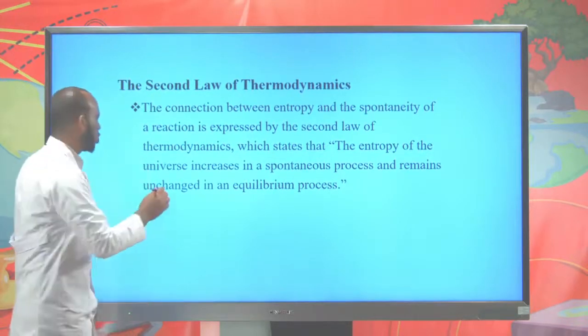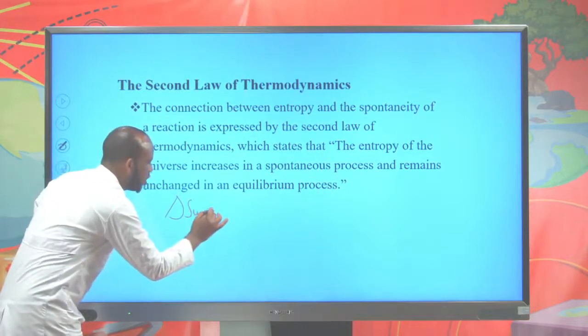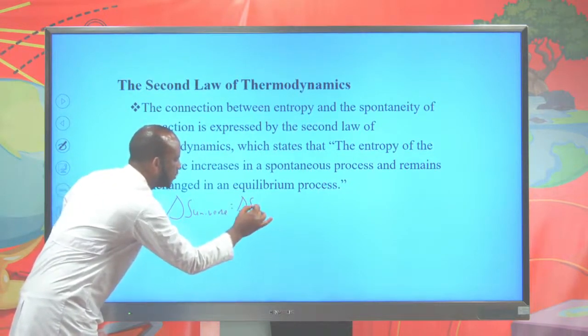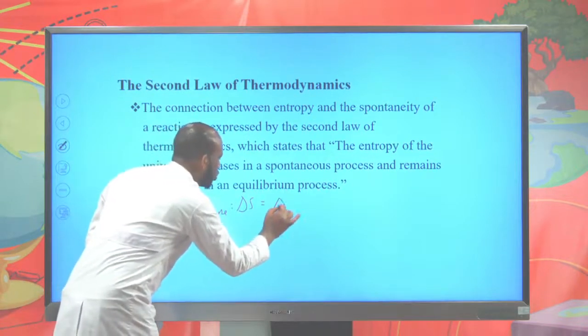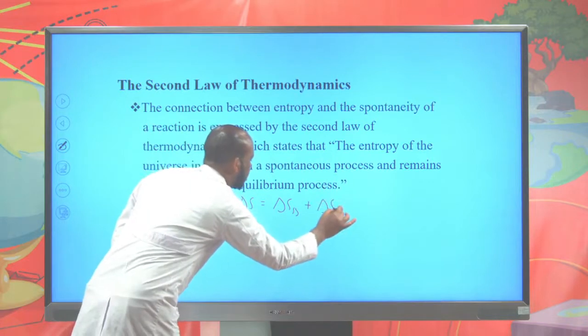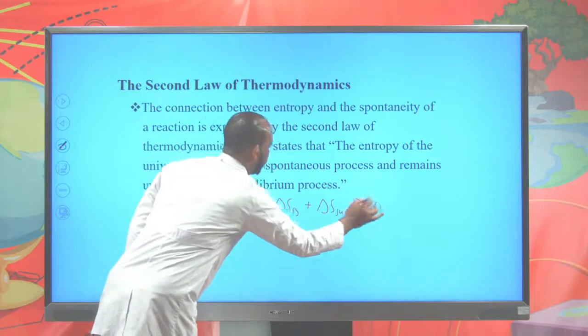That means the change in entropy of the universe, delta S of the universe, equals the change in total entropy, equals the change in entropy of the system plus the change in entropy of the surroundings, greater than 0.